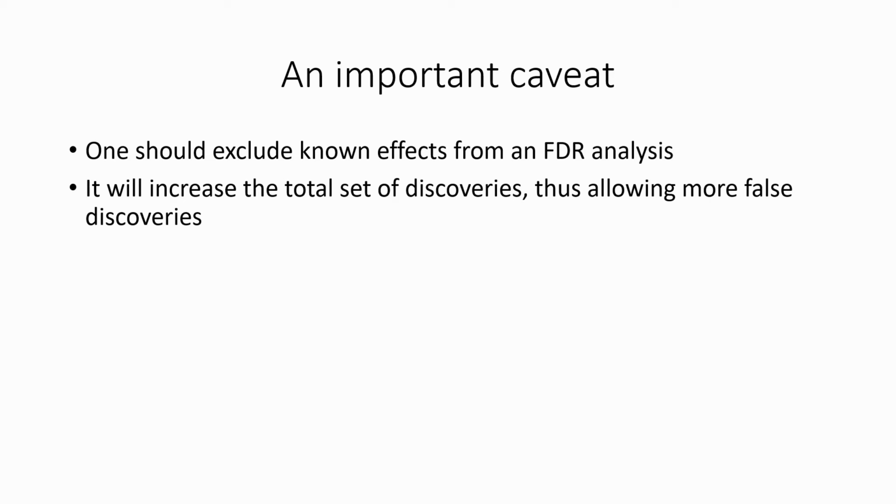Then before we do FDR correction, we need to remove those 100 genes from the analysis. The reason that it's crucial is that by the time we finish the analysis, we're going to report everything that is significant and not already known.